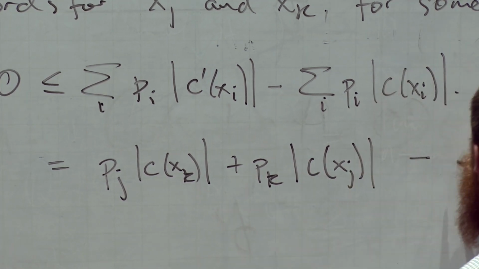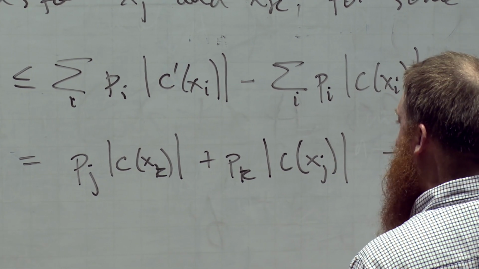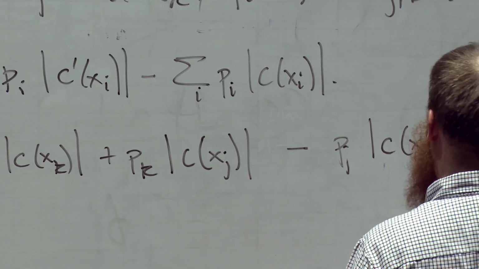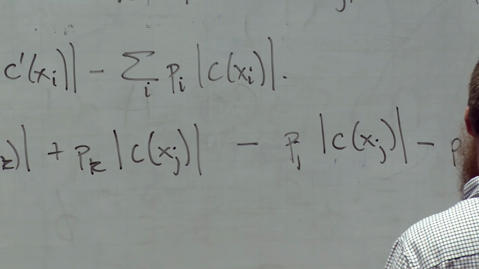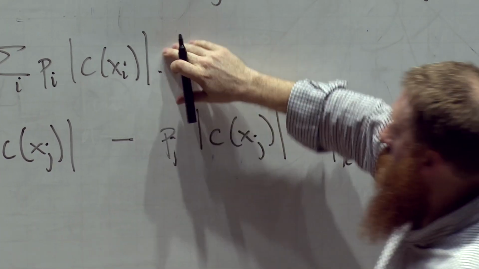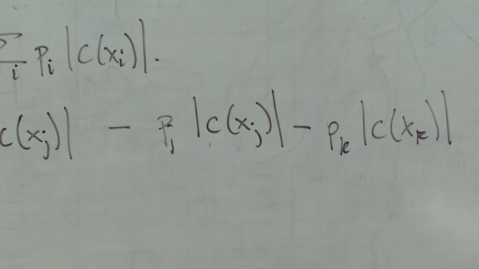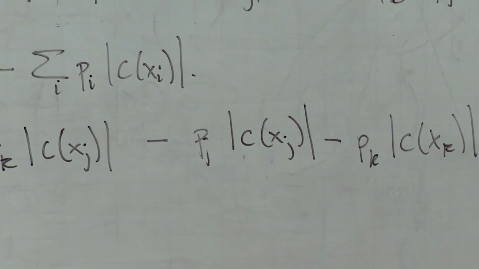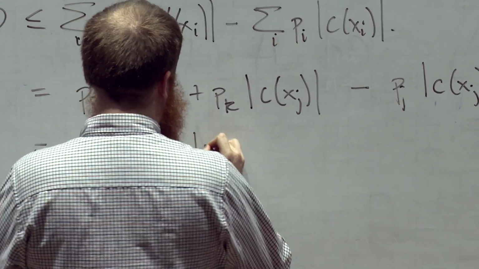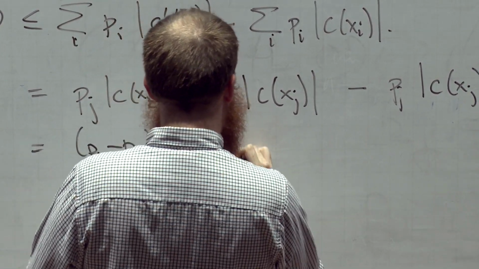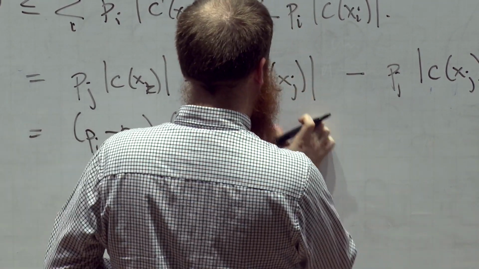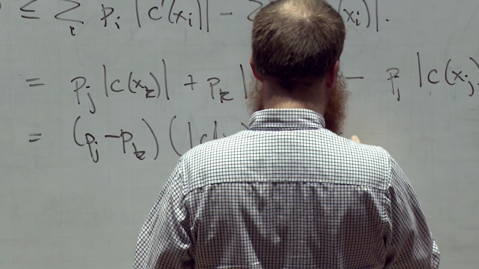And then I subtract off pj C(xj) minus pk C(xk). This is what the lengths are according to the original code. But this, of course, is just pj minus pk times the quantity length of C(xk) minus length of C(xj).